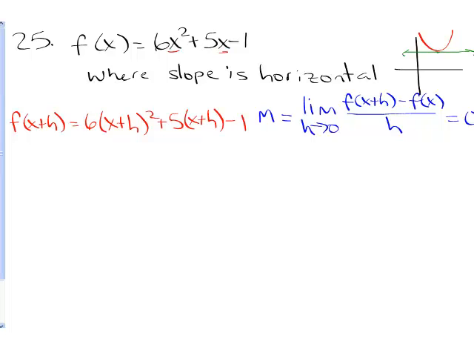On this one, it'll be a little bit dirtier because we do not have a specific value of x. That's what we're trying to find. So 6 times x squared plus 2xh plus h squared plus 5x plus 5h minus 1.